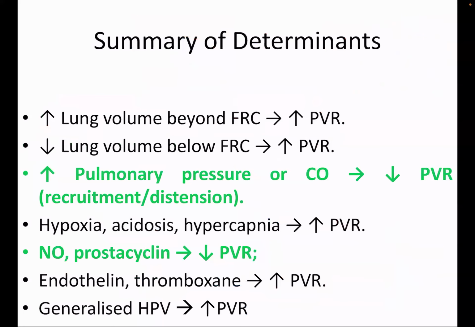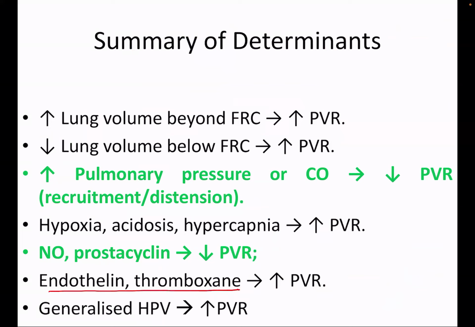So now, summarizing the determinants: if we ventilate the lung beyond the FRC or below the FRC, the PVR increases. Hypoxia, acidosis, and hypercapnia increase PVR. And endothelin and thromboxane, these are endogenous products which increase the PVR.